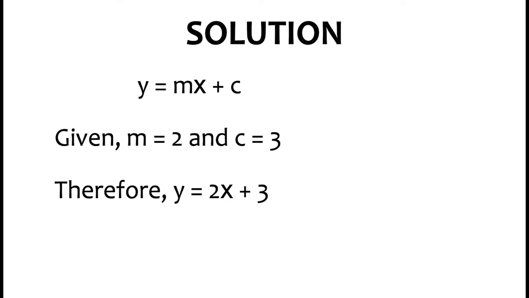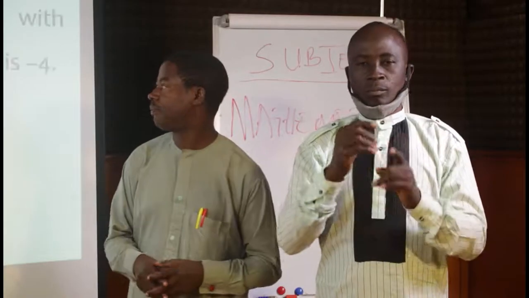Hence, from y = mx + c, we make replacement, so we now have y = 2x + 3. That gives us the equation of the line.